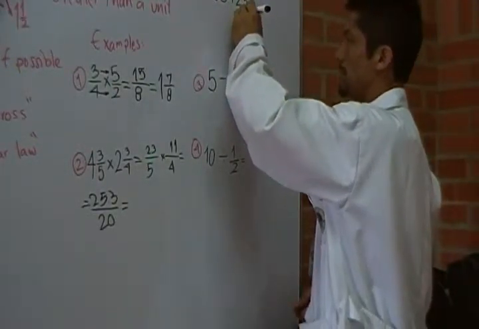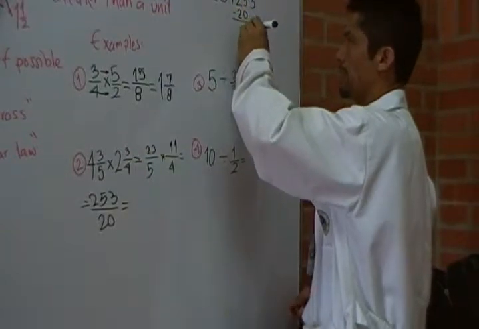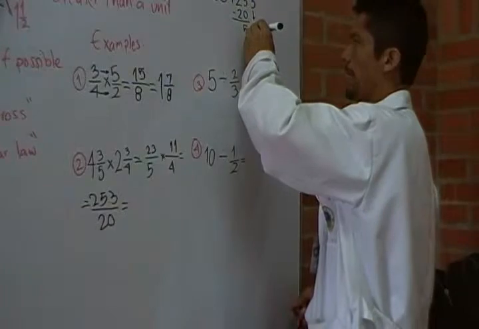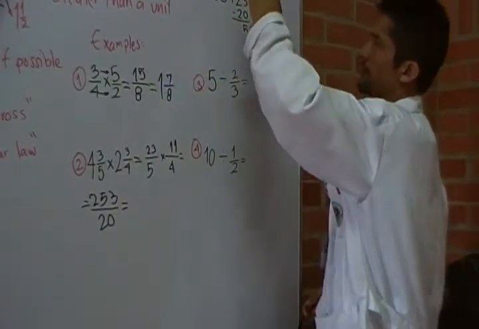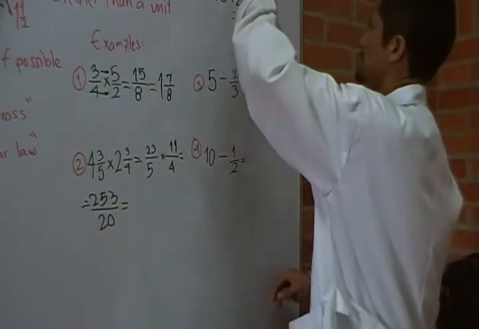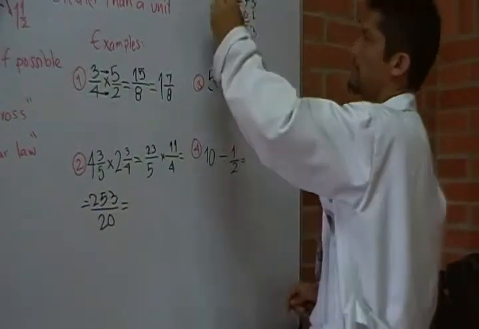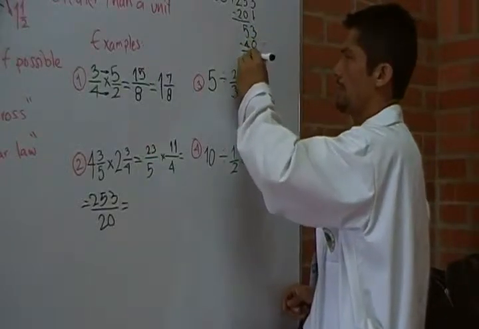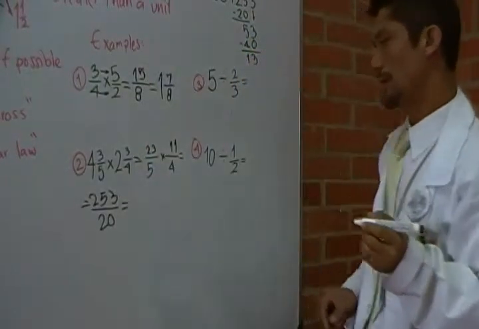So here 1 times 20 is 20. The remainder here is 5. Now I bring down this 3. And 20 fits into 53 2 times. 2 times 20 is 40, and the remainder would be 13.